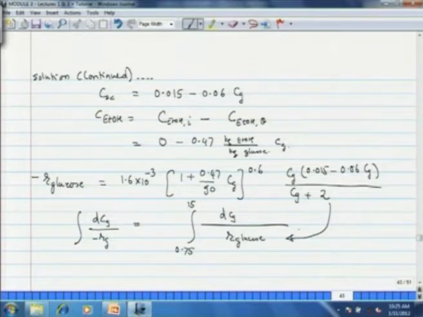We substitute here, and then we can carry out this integral using any basic software like MathCAD or MATLAB, and then we get the total time as 64440 seconds, which is equivalent to 17.9 hours. This is how we find out the time for fermentation.